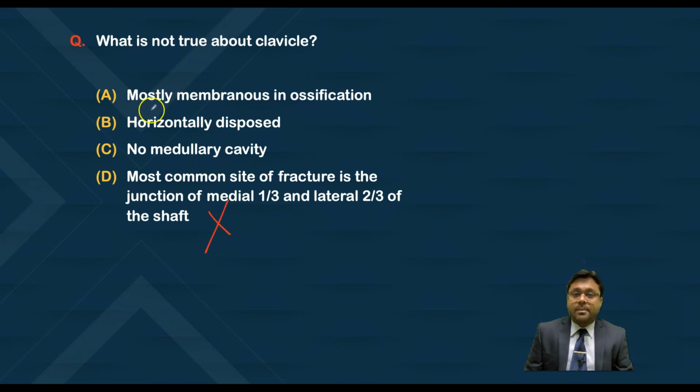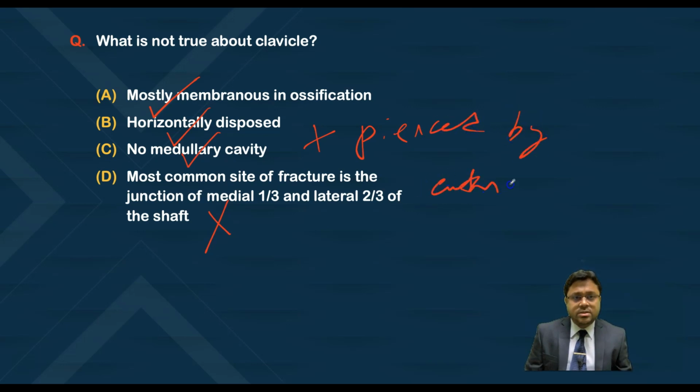The upper 3 points, mostly membranous ossification, horizontal disposition, lack of medullary cavity, plus sometimes, as I told you, pierced by a cutaneous nerve. These 4 points, this quartet, makes the bone a modified long bone.